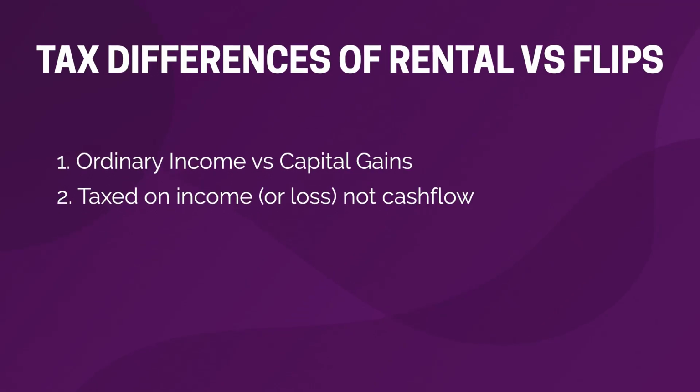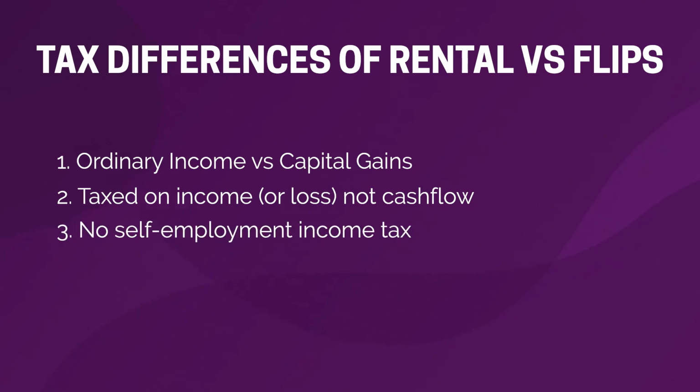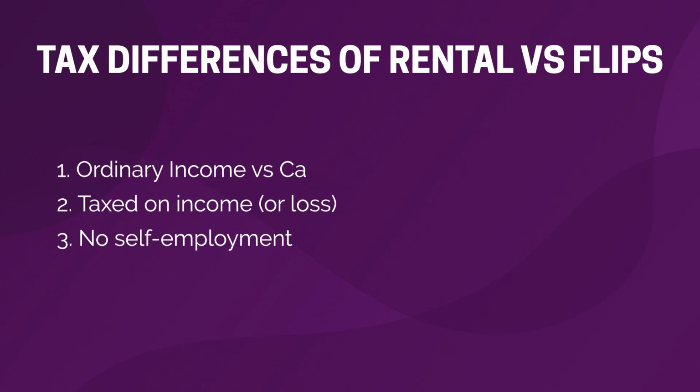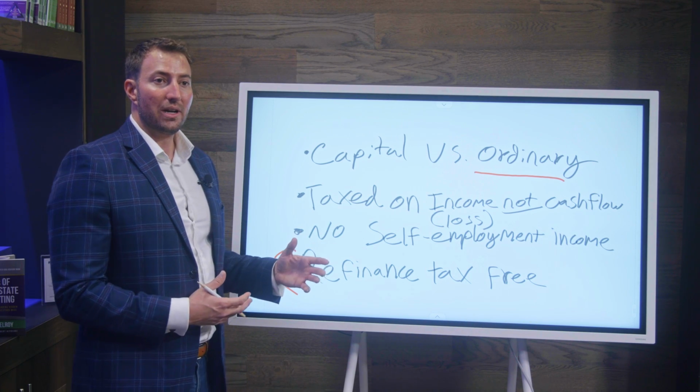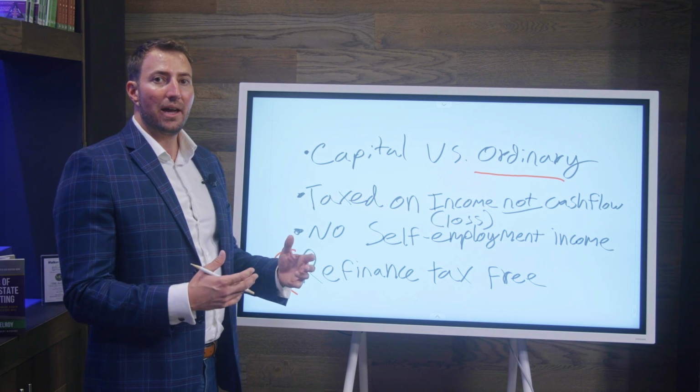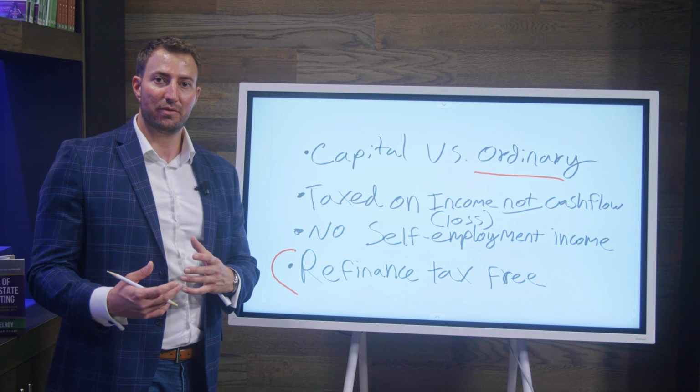The third big difference is that on rental real estate, you don't have self-employment income tax. So think of it this way: if you're self-employed, you're not only paying your ordinary tax rate, but you're also paying this additional tax because you're self-employed.